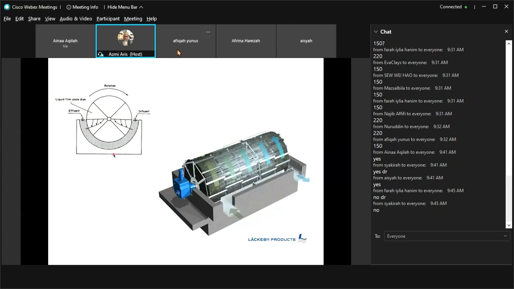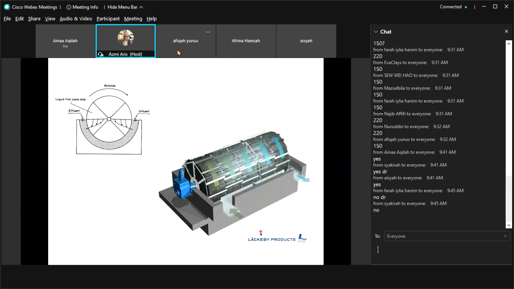So what we have here, we have a plate, like your CD. If you see a CD, this is how it looks like. And we have a shaft here, and this will rotate very slowly.